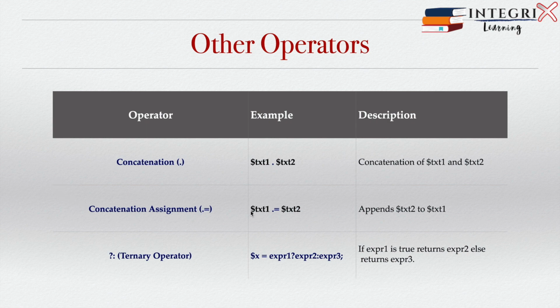We are doing text1 is equal to text1 dot text2. So this is a short form, like how we saw earlier for arithmetic operators. Similarly, this is nothing but assigning the concatenation of $text1 with $text2 to $text1. So this could very well be written as text1 is equal to text1 dot text2.